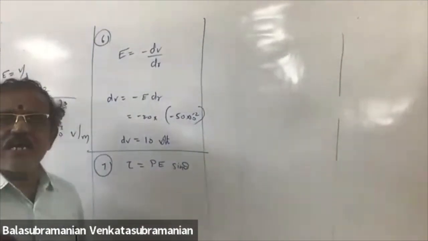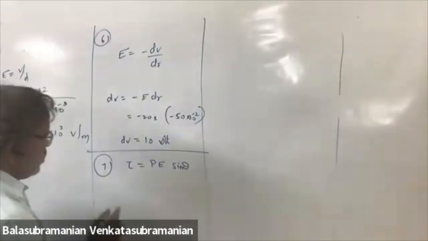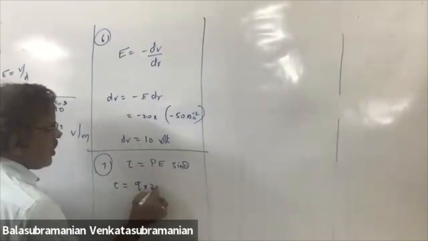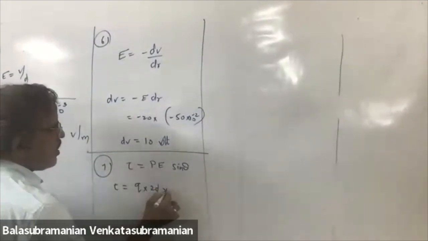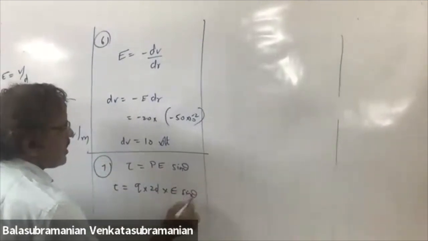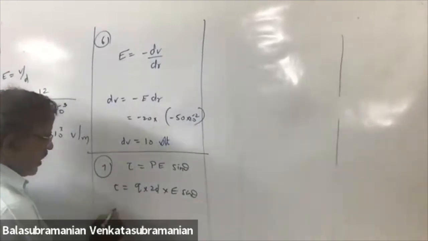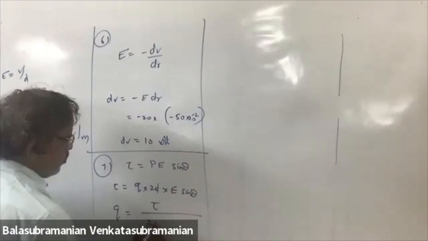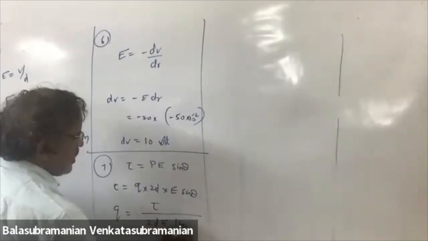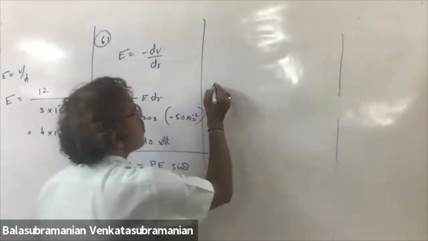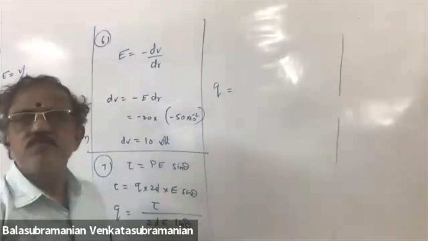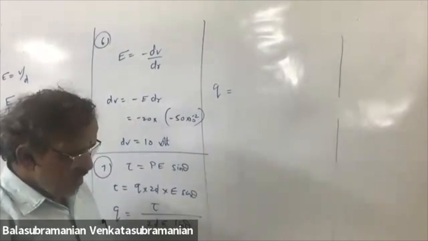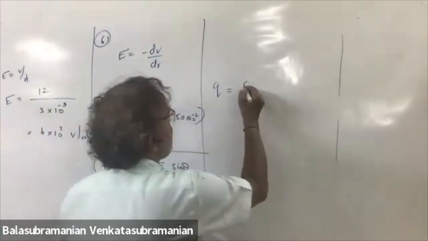Question is you have to calculate the charge. So tau is equal to Q into 2D, which is dipole moment P, into E sin theta. So I can write Q is equal to tau by 2D E sin theta. So Q is equal to, what is tau? 8 √3.